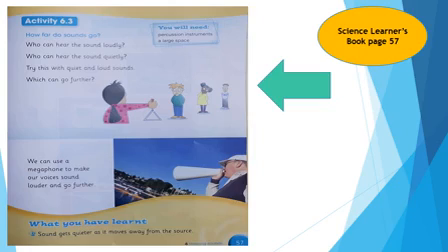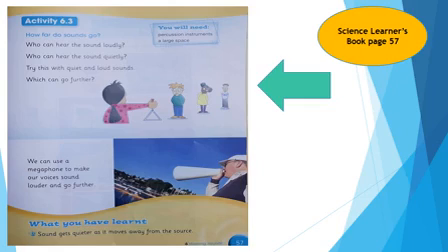Now, who can hear the sound loudly? Whom do you think? Okay, it is the boy with the green shirt. Who can hear the sound quietly? Okay, it is the boy with the white and blue shirt.